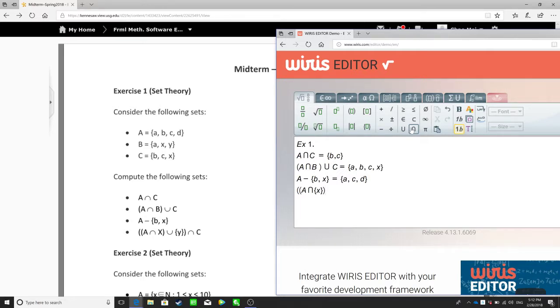And then the last one is the intersection of A and the element x, lowercase x. Then we calculate the union of this result with the set that contains one element y, and we calculate the intersection with C. So let's first look at the thing inside the inner brackets. A intersection {x}.